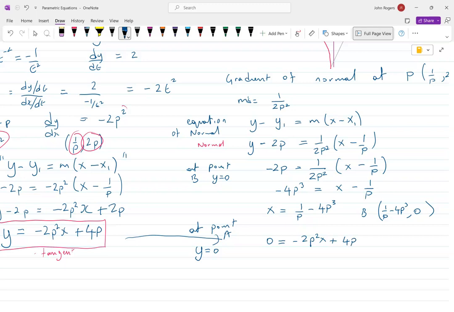So that gives us 2p squared x equals 4p. So x is equal to 2 over p. So the coordinate for point A is 2 over p and 0.